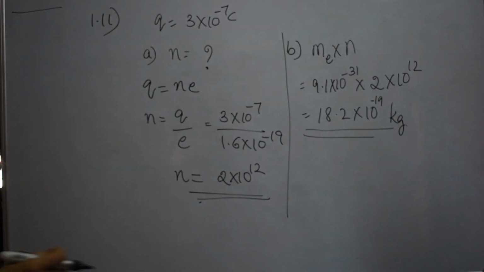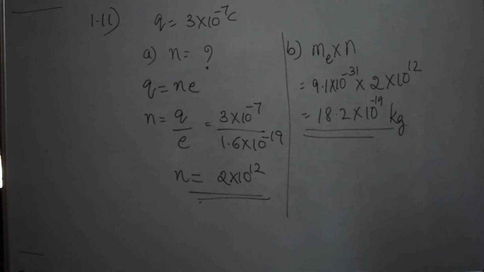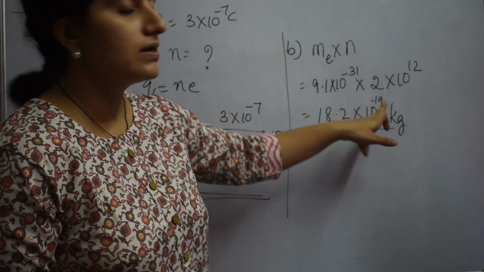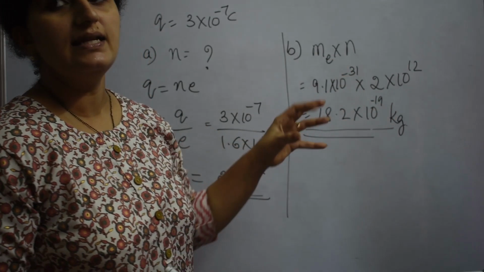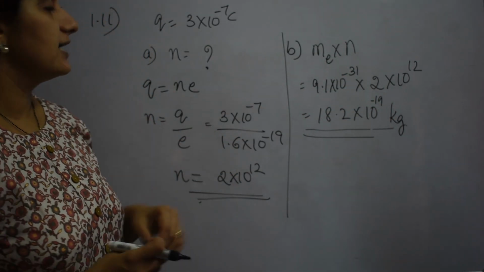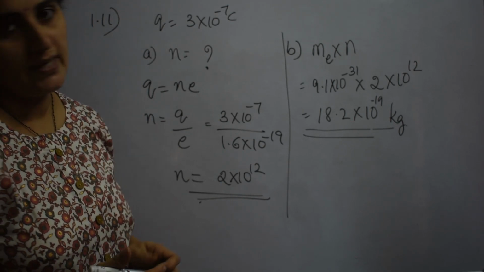So 1.8 into 10 to the power minus 19 kg. Even though the mass is very small, of the order of 10 to the power minus 19, still there is a transfer of mass. Okay, so this is exercise 1.11.